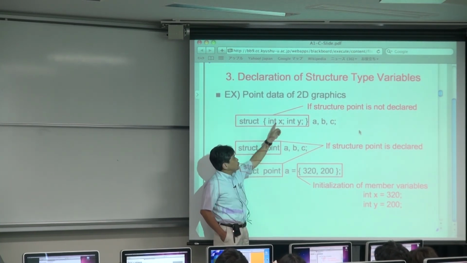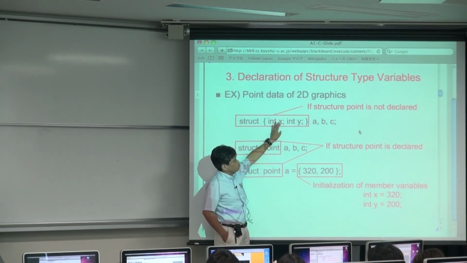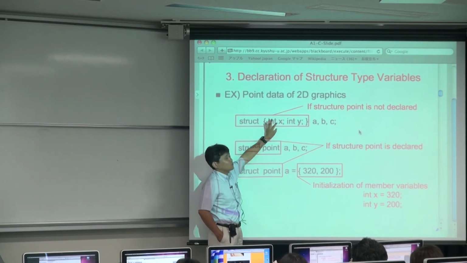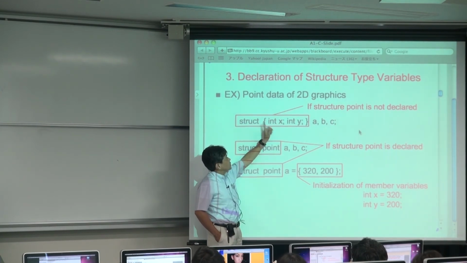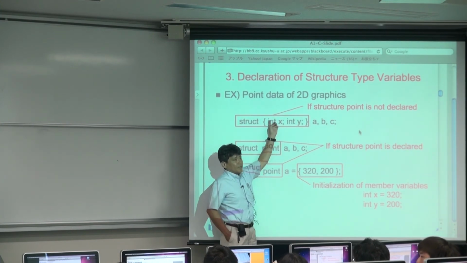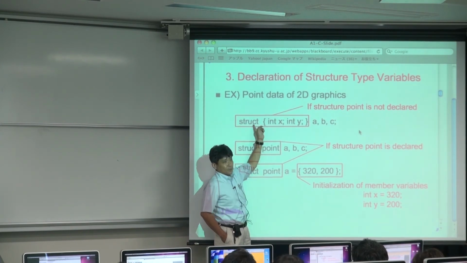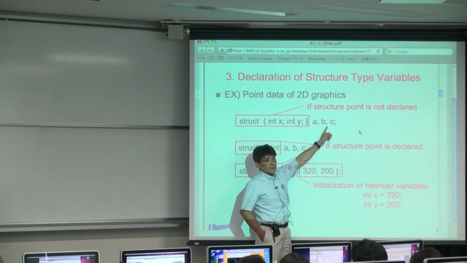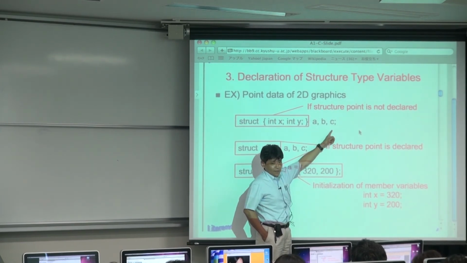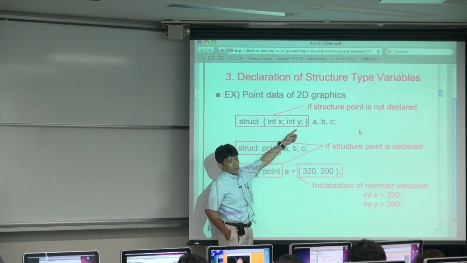If you don't specify a name for this structure, you can put this form directly for the structure type to define the variables A, B, C. In this case, A, B, C are all variables of this data type.